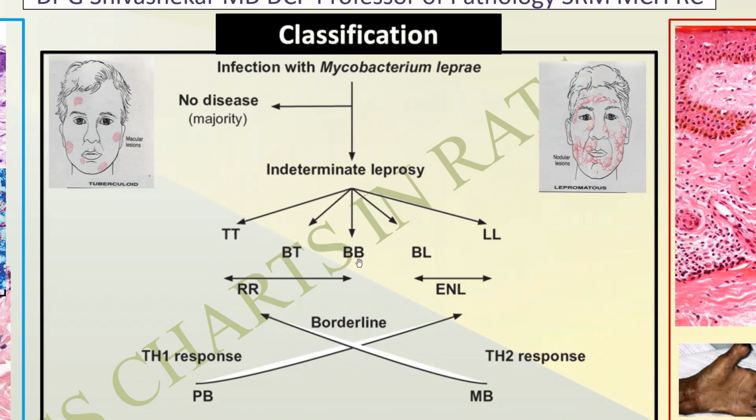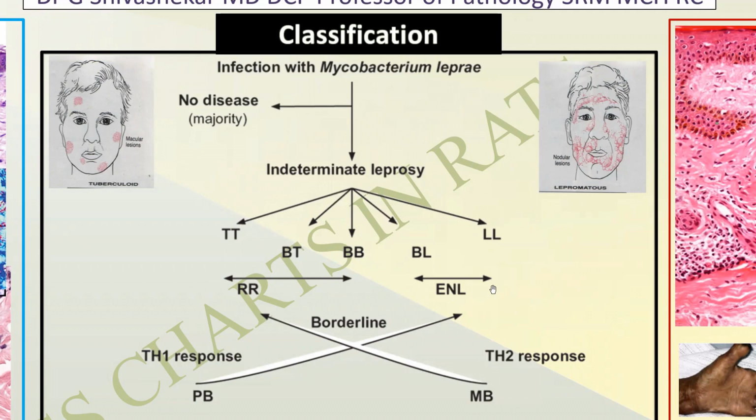Coming back to the classification proper, it can be tuberculoid, borderline, or lepromatous. In between these two, I have borderline tuberculoid, and between borderline and lepromatous, I have borderline lepromatous. There are two reactions which are very common. One is called erythema nodosum leprosum, and the other is the reversal reaction, which we use for what we call downgrading or upgrading.